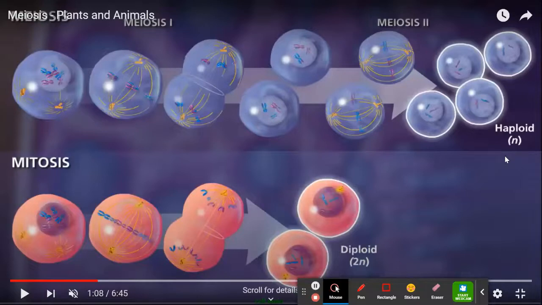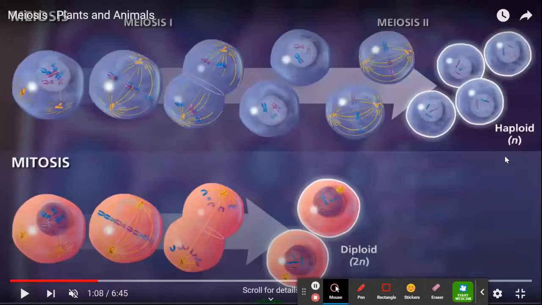These haploid cells have half the amount of an original set of chromosomes. So far, the difference between meiosis and mitosis is meiosis produces 4 haploid cells that have half the amount of chromosomes of the original germ cell, and mitosis produces 2 diploid cells.